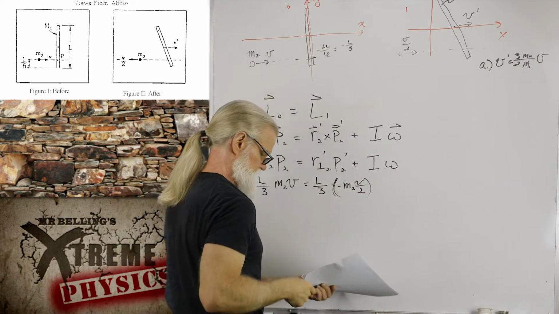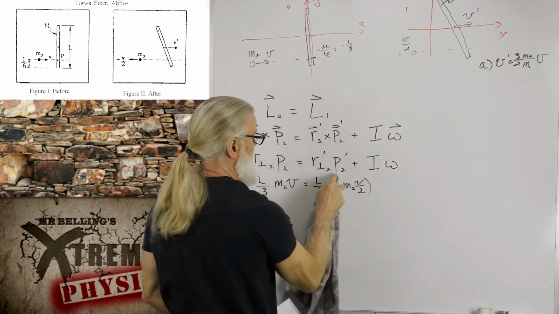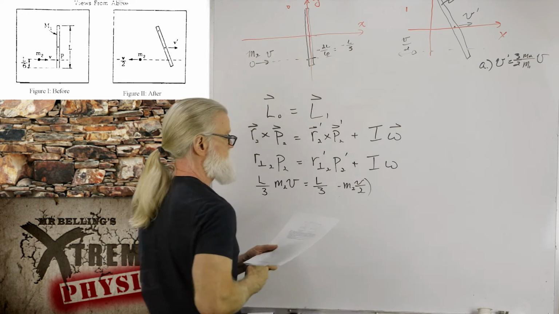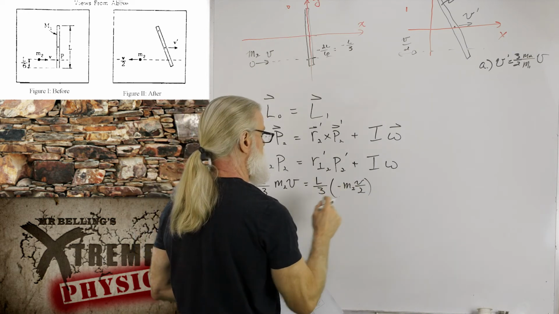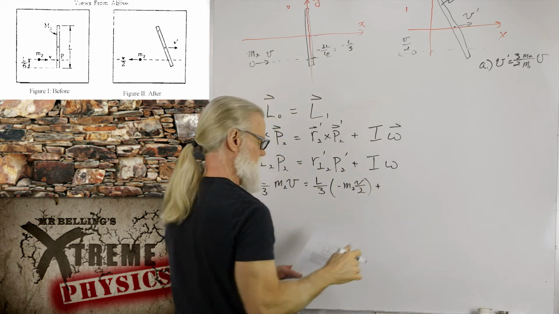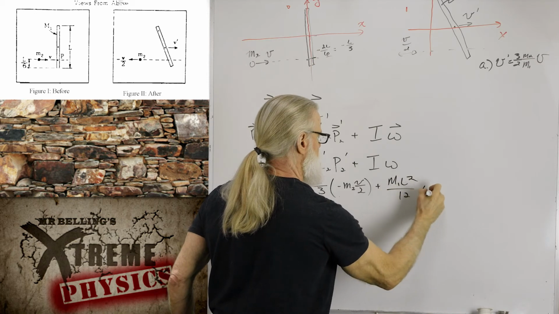All right, that's pretty sloppy. I think I'll clean that up. Plus moment of inertia, which is m1 L squared over 12 omega.